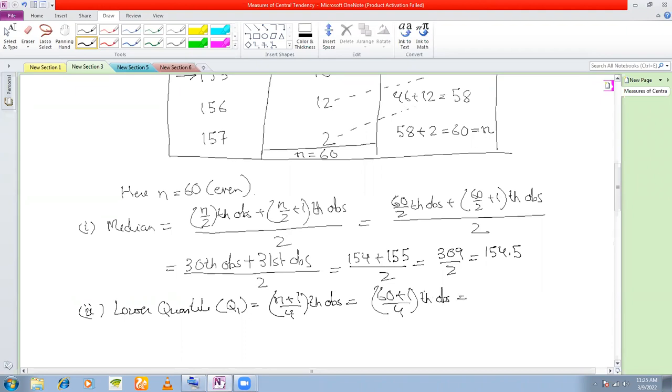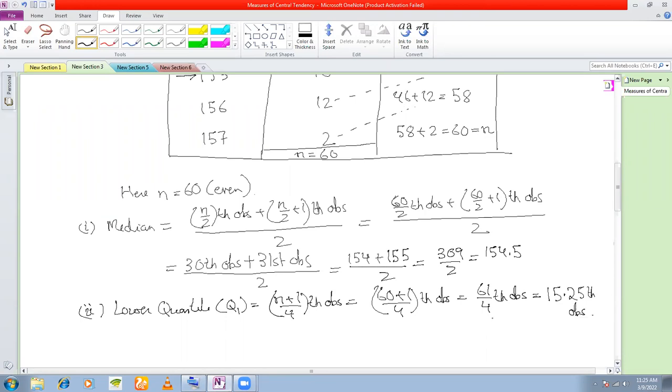So here in this case, you are getting 61 by 4th observation, which is 15.25th observation.